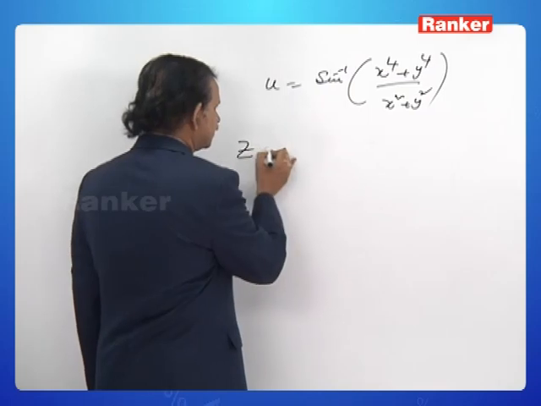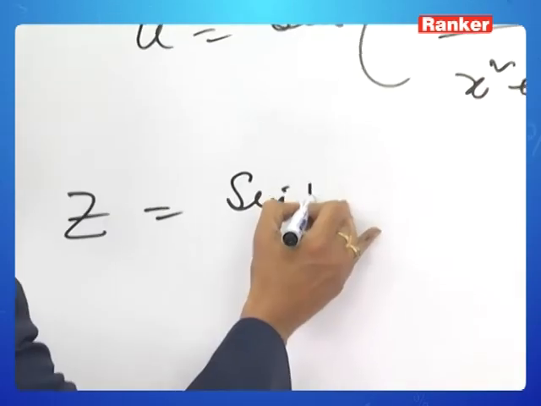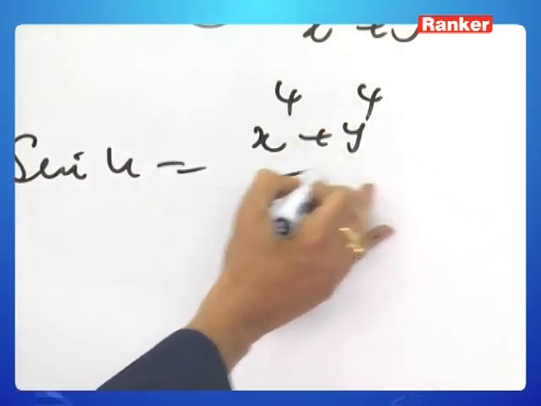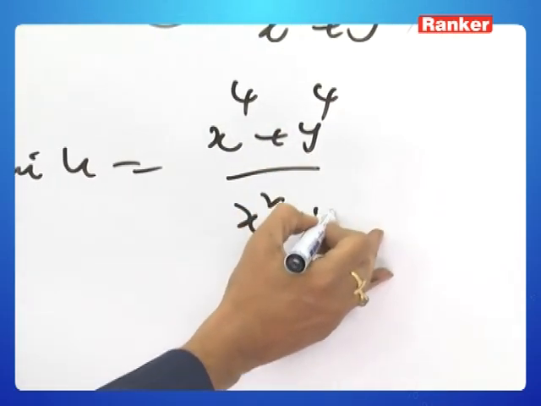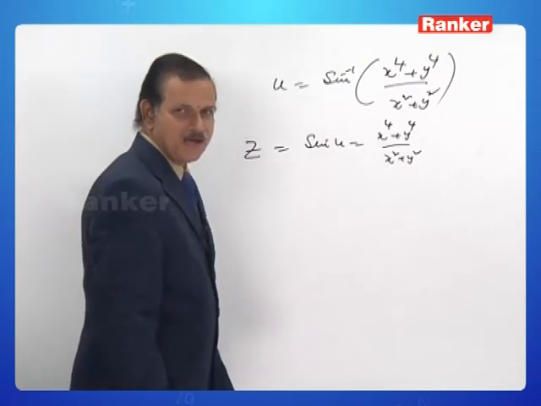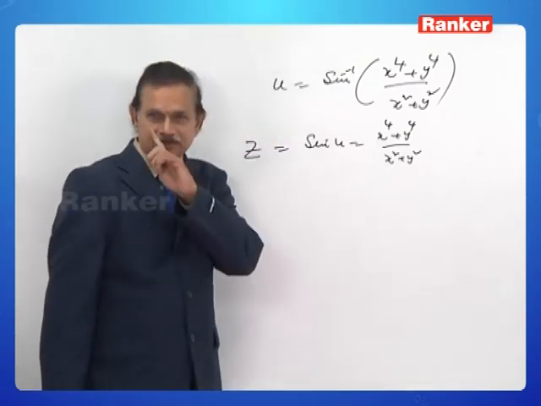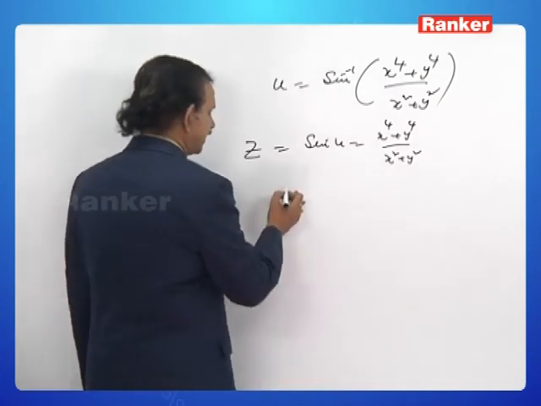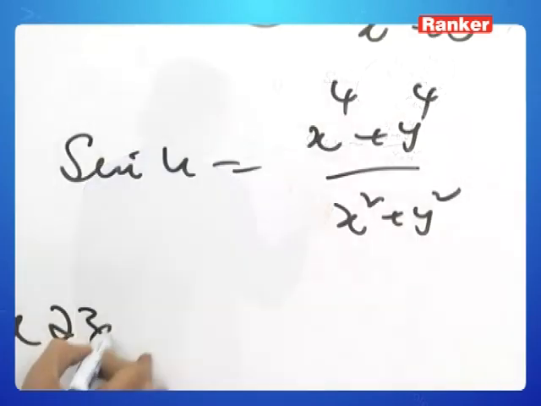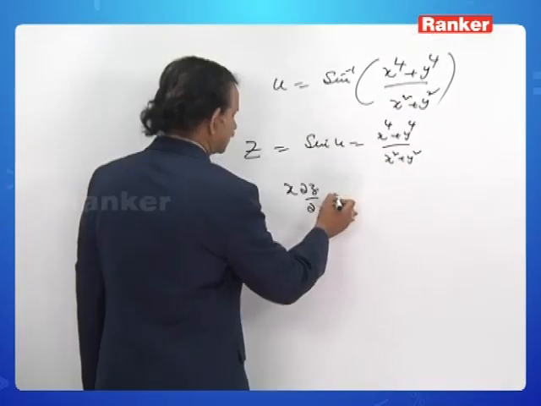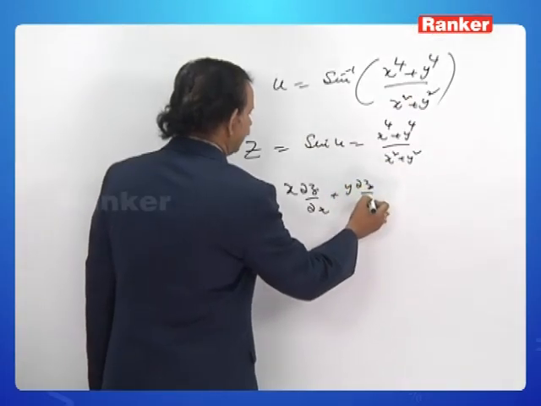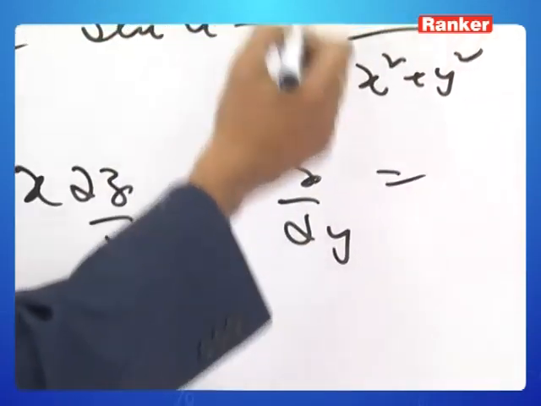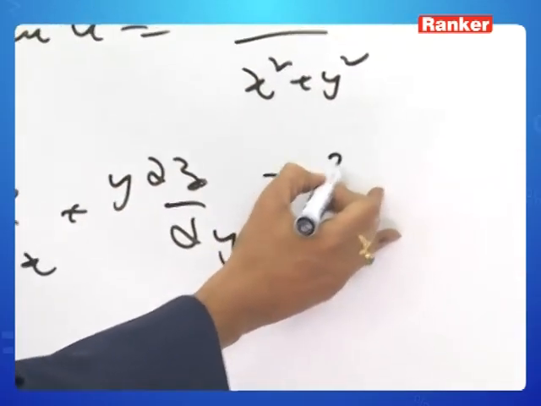Z is equal to sine u is equal to x power 4 plus y power 4 by x square plus y square. Now you see Z is homogeneous, isn't it? So we can say that x dou z by dou x plus y dou z by dou y is equal to, that is of degree 4, this is of degree 2, so it is 2z.